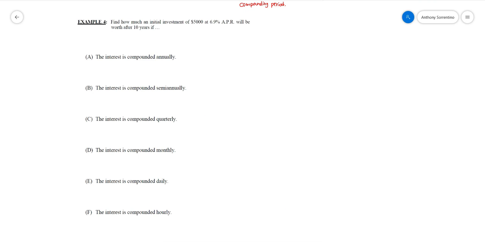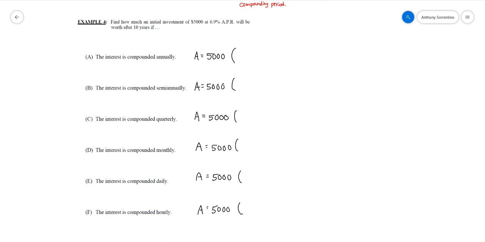So essentially, for all of these, I'm going to have A equaling 5,000 times the quantity one plus R, which is going to be 0.069.